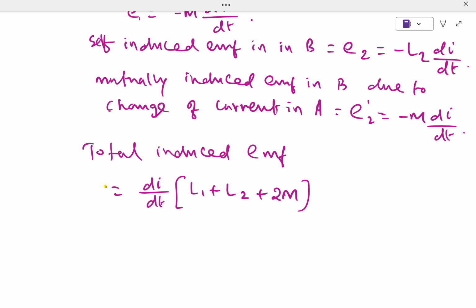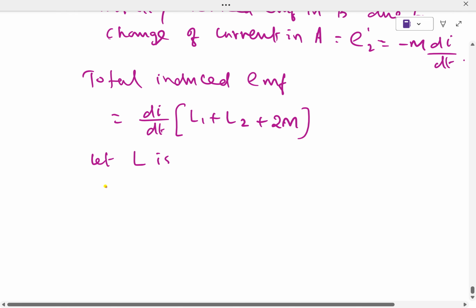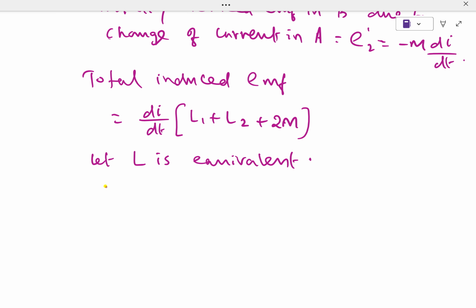Because all minus signs are considered the same sign, if L is the equivalent inductance, the total induced EMF in the single coil would have been minus L di by dt.